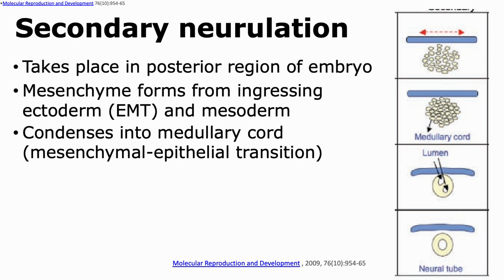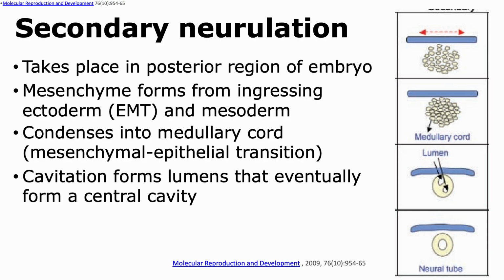Now, these cells condense to form a medullary cord, and that is what is shown in the next step, where you can see dense cells coming together to form a dense tissue-like structure, which is the medullary cord. The next process is called cavitation, where small luminal structures are made in the medullary cord, and they tend to join together eventually to form a central cavity.